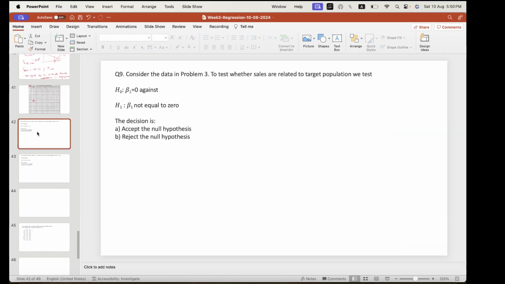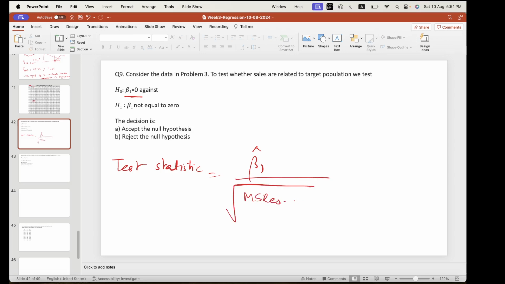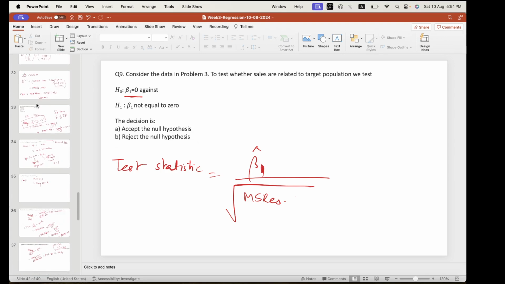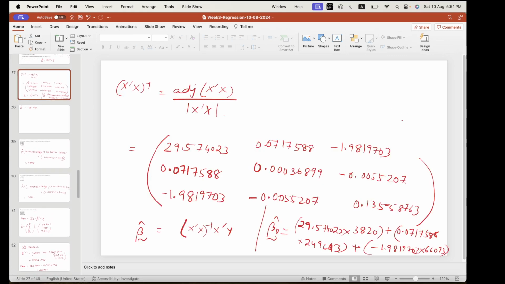Now if we have to test whether cells are related to target population or not, we test for beta 1 equal to 0. So what will be my test statistic? My test statistic would be beta 1 hat by root over MS residual into the 1/1th element of X prime X inverse. If this is my X prime X inverse, then this corresponds to beta naught.